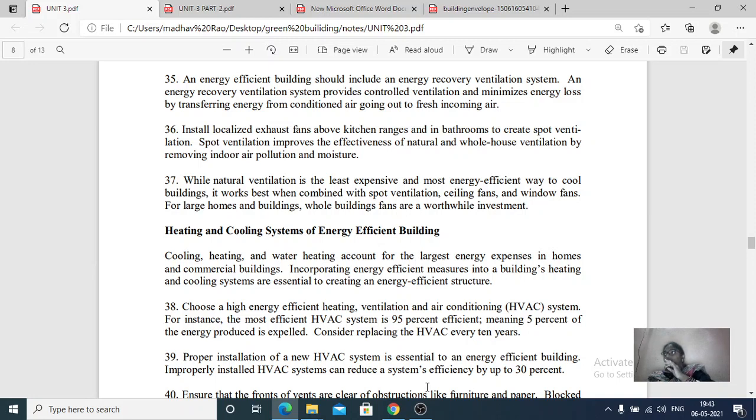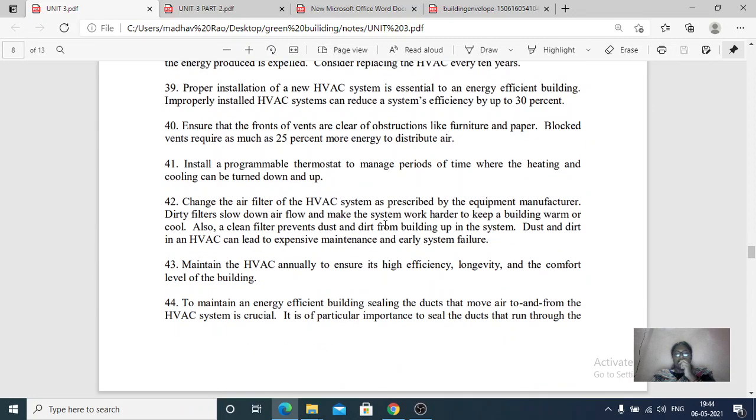Thermally insulated means the hot air you get from outside will be made cool and sent inside the building. So we have to take those considerations, and you will have R values and U values. For high performance buildings, we need to take high R values into consideration. I hope you have understood this one.